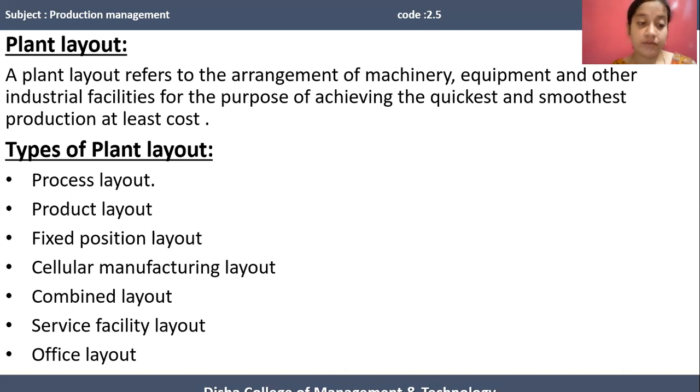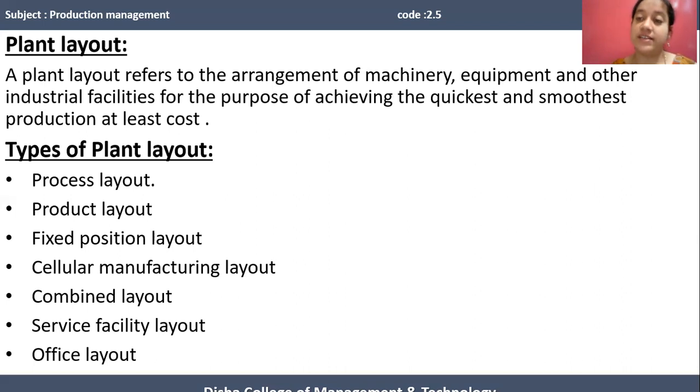Whatever layouts we discussed till now, above the service facility layout, are suitable for the manufacturing industry.